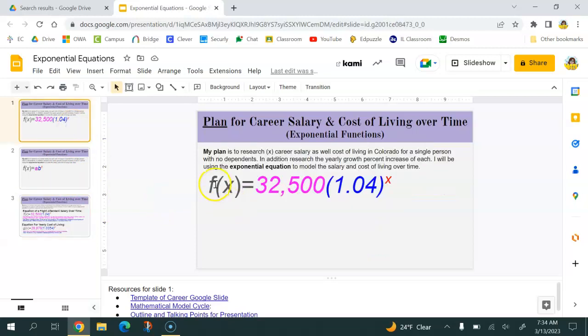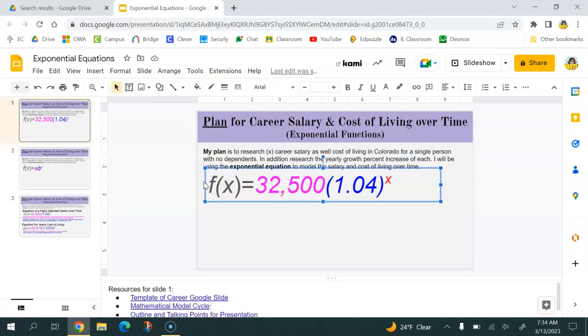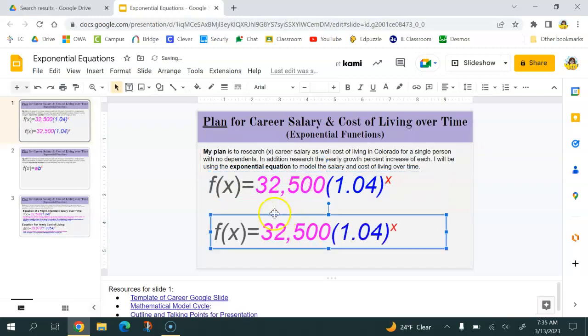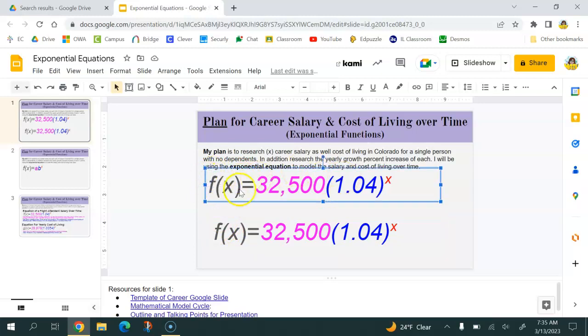Once you've done that, we're going to do the same thing for the equation for cost of living. We are going to be using the same basic structure of the formula, so I am just going to copy and paste this same thing. We're just going to be changing the numbers because we're talking about the cost of living. F of x, remember, this is a function. F of x is another way of saying y, except we're talking about functions here.